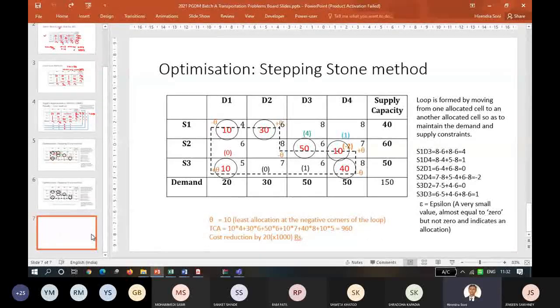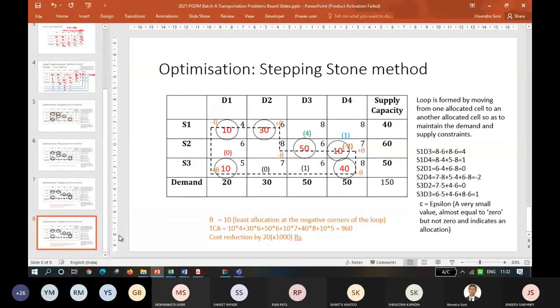So what I'm going to do is duplicate this sheet and we'll start working forward. I'm just removing all the loops and everything.